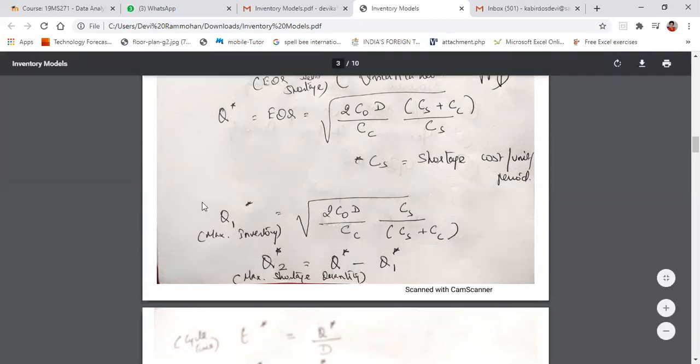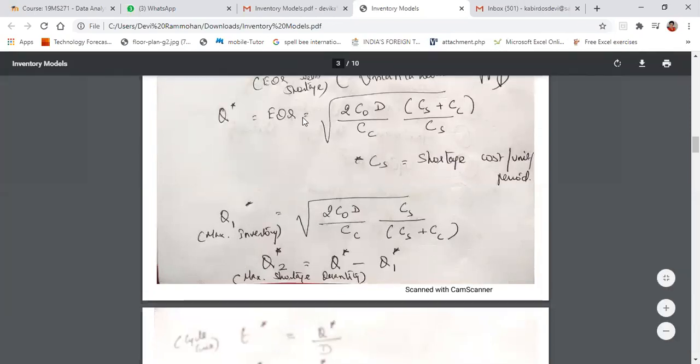Whenever we calculate the maximum inventory, we call it Q1, and the maximum shortage quantity we call Q2. Q is the EOQ with shortage that you are going to find out, Q1 is the maximum inventory level and Q2 is the maximum shortage level.